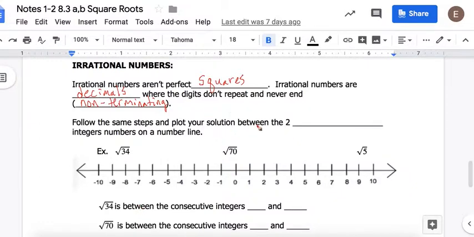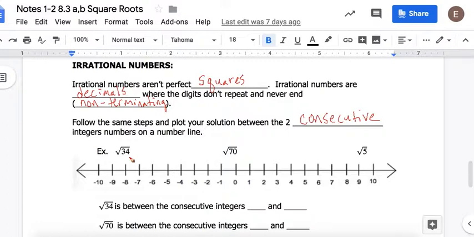So we're going to follow the same steps and plot your solution between the two consecutive integers on a number line. Consecutive means one after another. So the first one is the square root of 34.